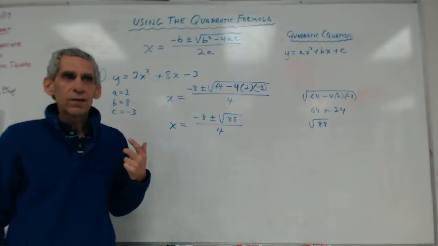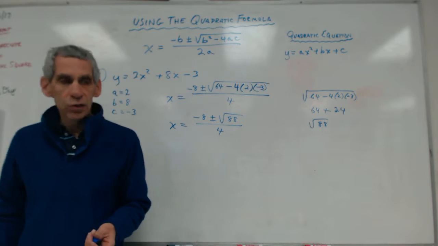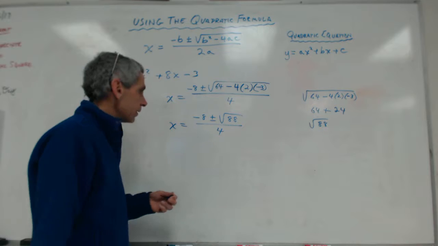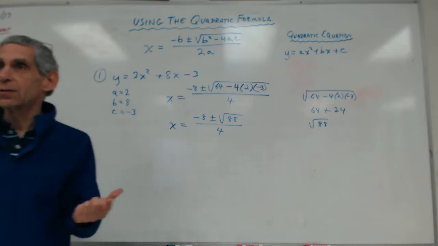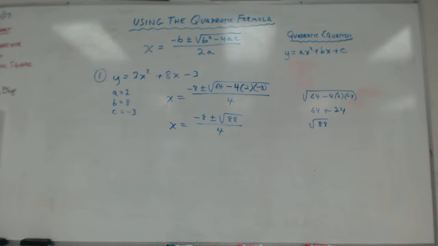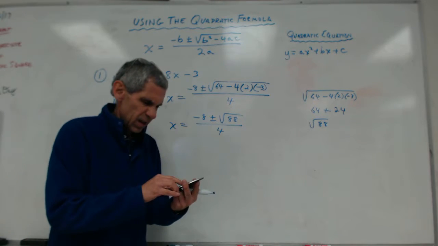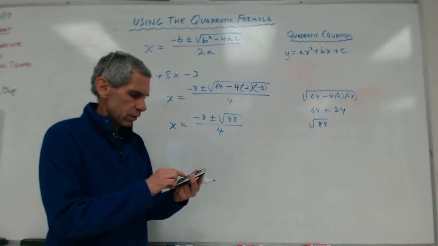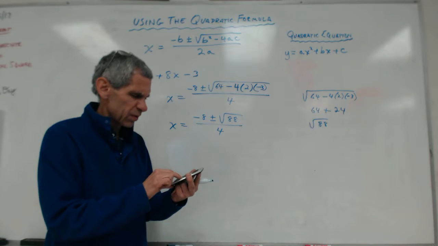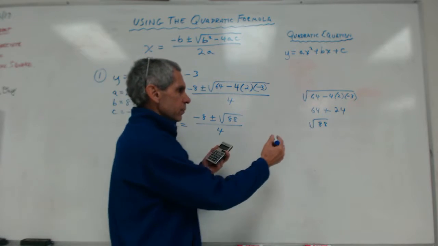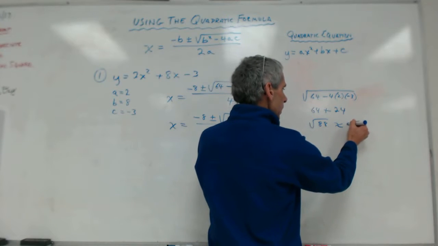Now, with quadratic formula, when you're doing it, usually you come down to an actual decimal answer. So I'm going to get my calculator, and I'm going to figure out what is the square root of 88. 88 square root is approximately 9.38.